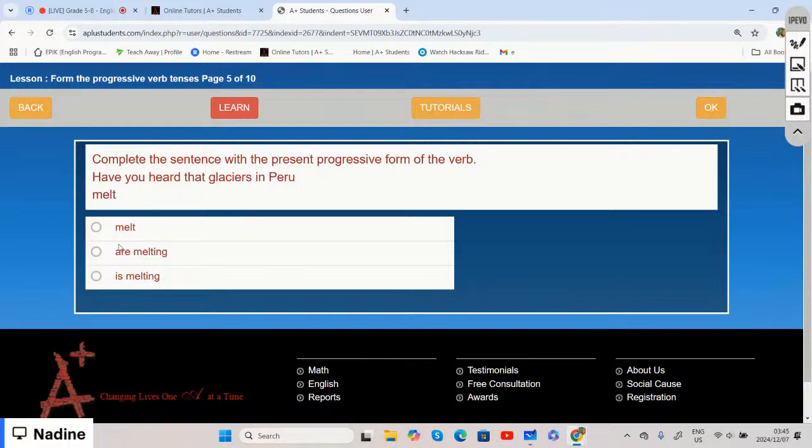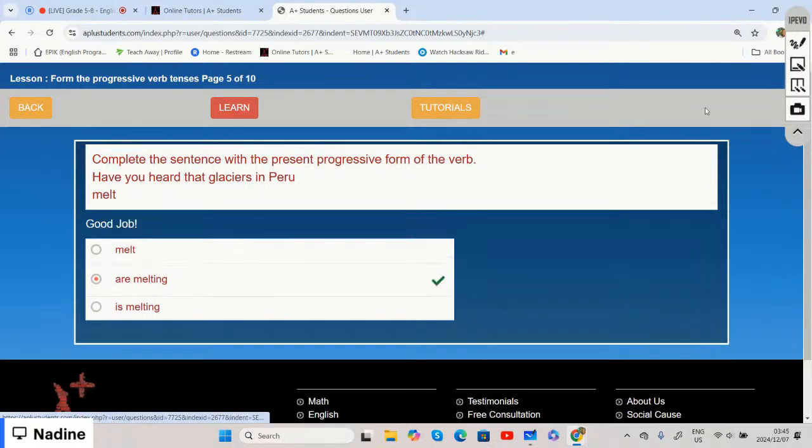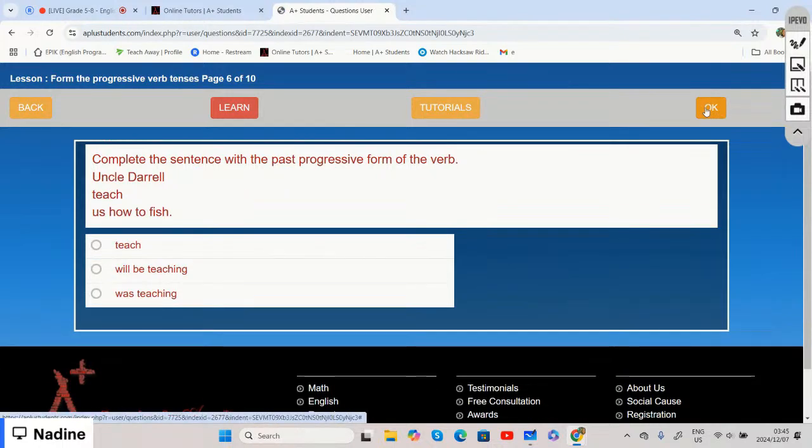All right. So if we say, have you heard the glaciers in Peru are melting? That is why I specifically said glaciers. Remember, if they are referring to more than one thing, then our helping verb will be are, right?